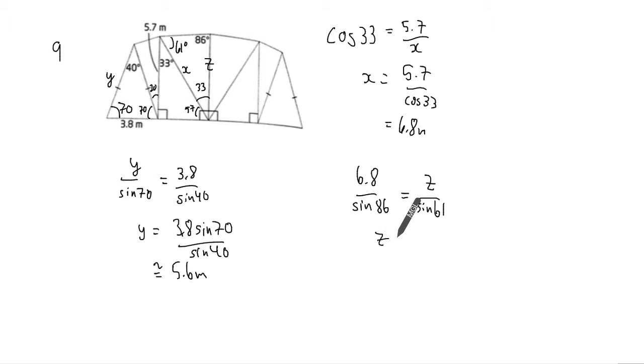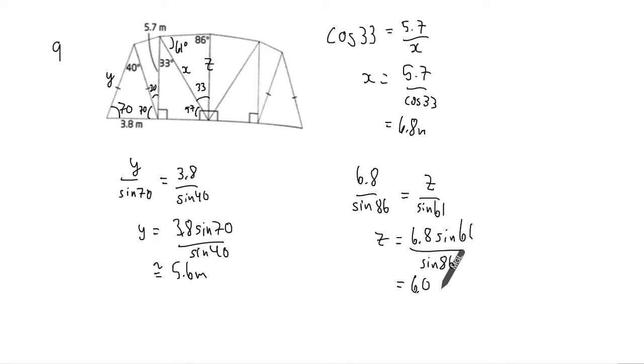Therefore z is equal to 6.8 times sine of 61 over sine of 86, which when we plug this into our calculator, is roughly equal to 6.0.